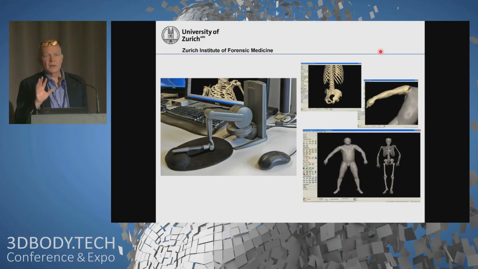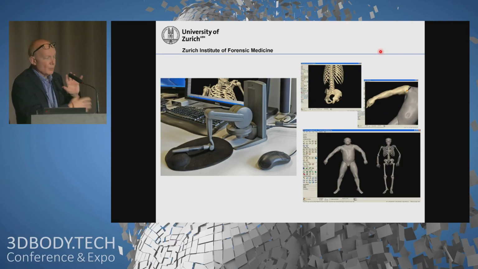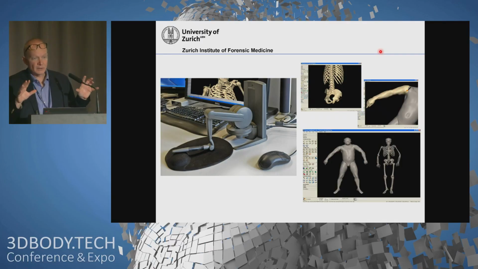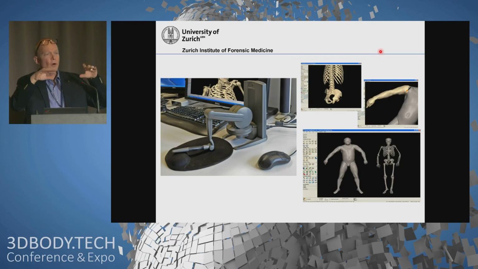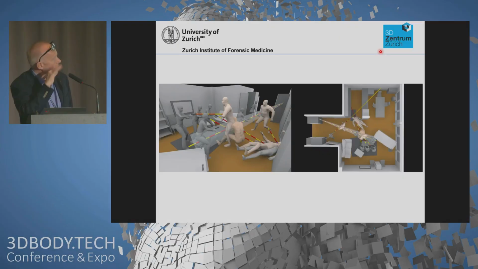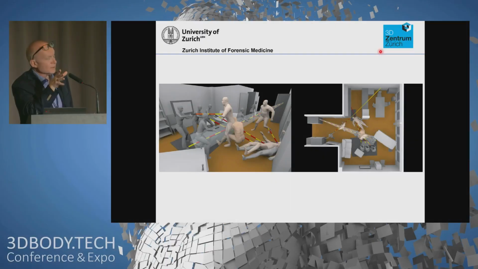Because we have all the data on the surface and the inside data, the bone, we can merge that together, and we can virtually move the real body. So it's not based on some old poser models or something like that. We are using the real data. Because police are scanning the accident and the crime scene, we can merge that together and reconstruct these crime scenes and accident scenes virtually.